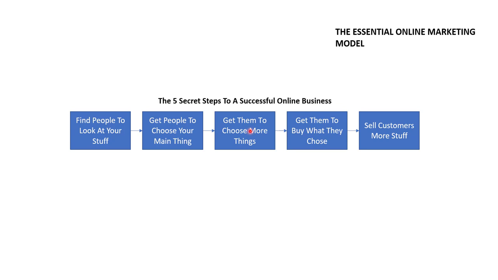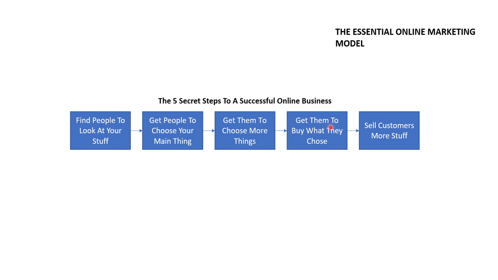But then finally, you've got to actually sell it to them. They've got to put their credit card down and give you the money. Okay, those are the 4 steps. Get them to look at what you've got to say, get them to choose the main thing you're selling, sell them additional things, and get them to pay for it.